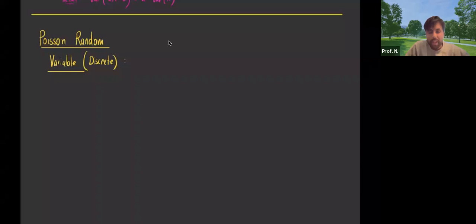So what is the Poisson random variable? Well, you can think of the Poisson random variable as an approximation of the binomial.